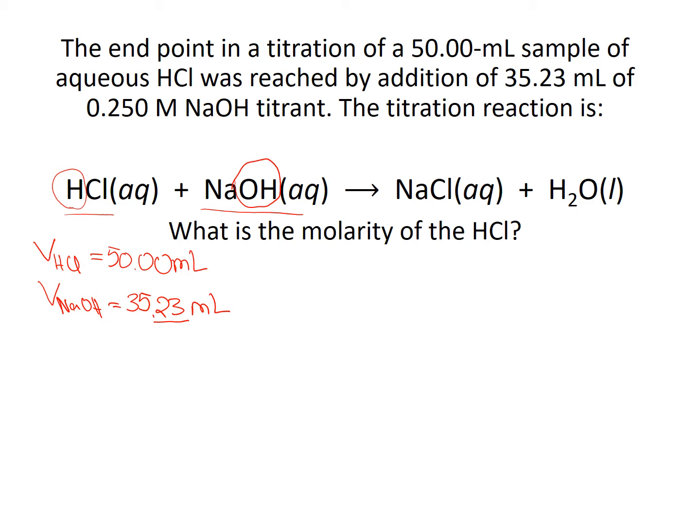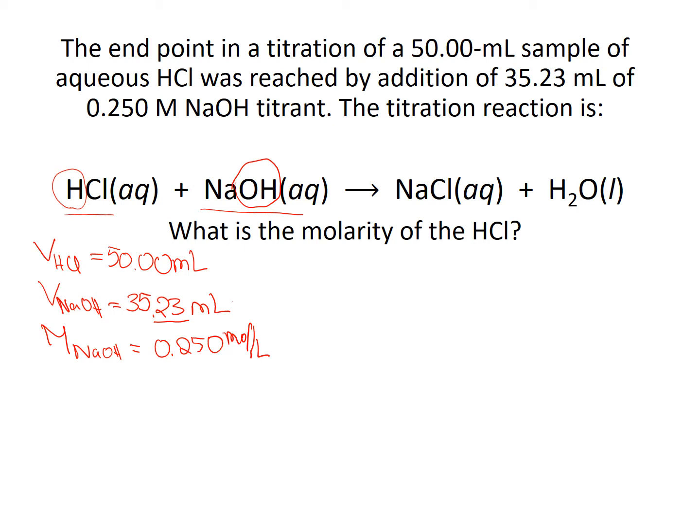We also know the concentration or the molarity of the sodium hydroxide, and that is 0.250 moles per liter. I like to keep this instead of molar because it gives me the two units that are connected through that conversion factor. So let's look at how these calculations are done.